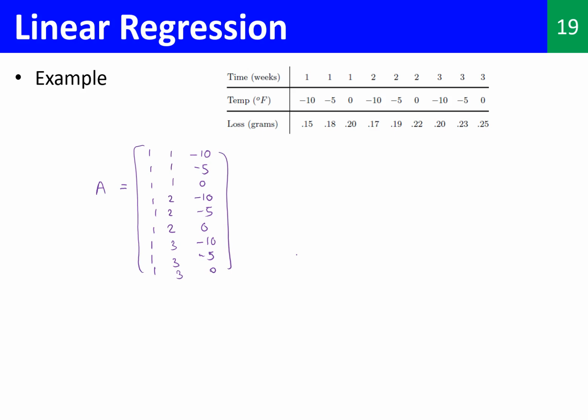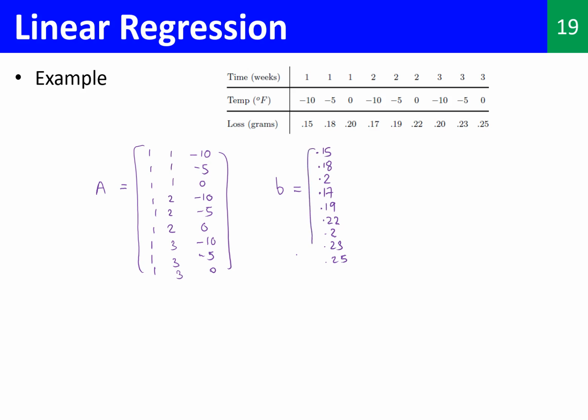That's our A matrix, and we have B vector, which is equal to 0.15, 0.18, 0.2, 0.17, 0.19, 0.22, 0.2, 0.23, 0.25.